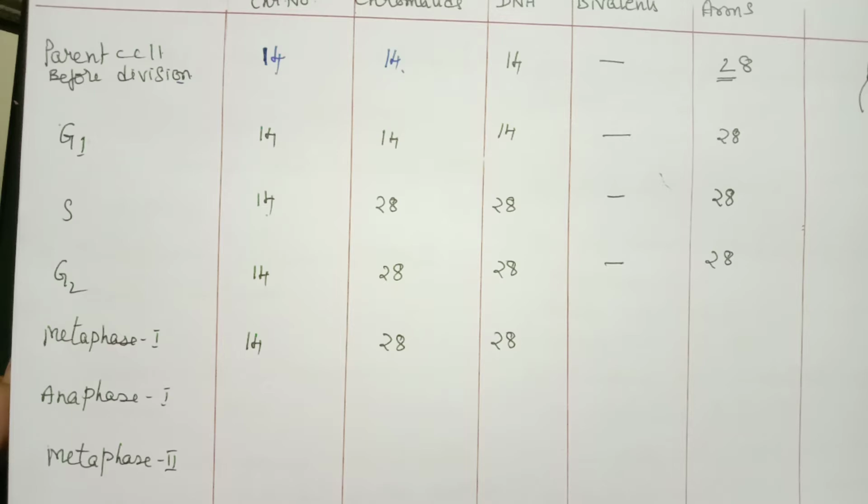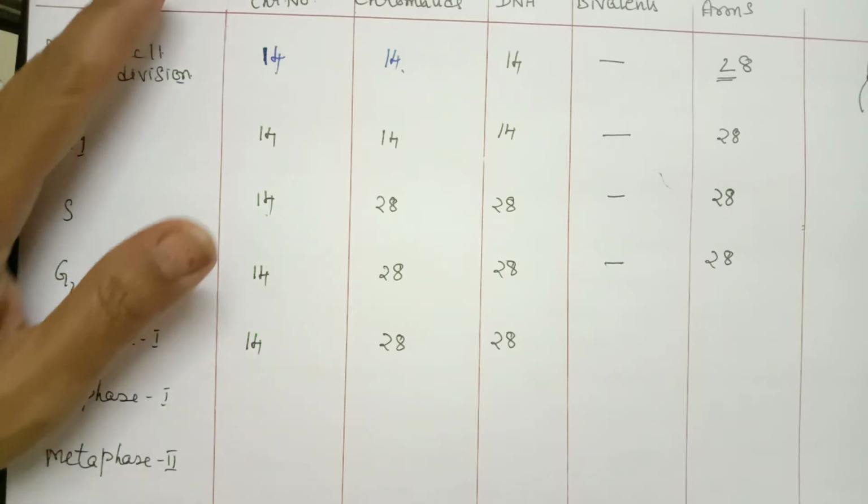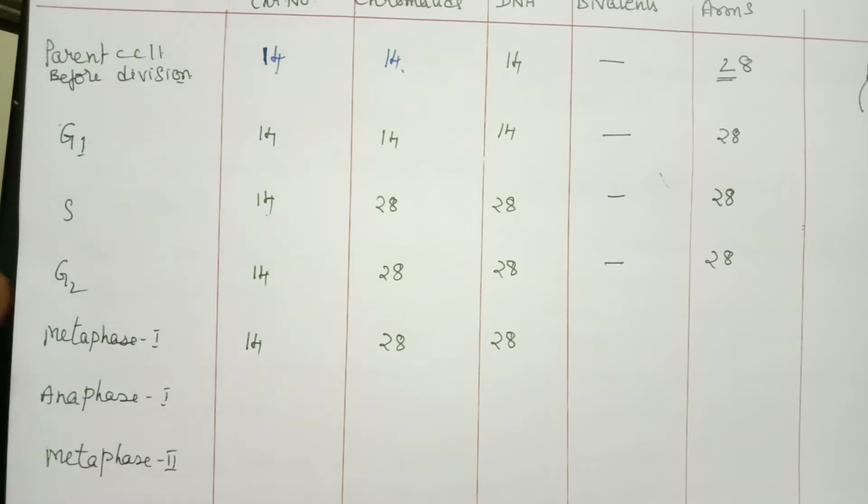Of course, in prophase also bivalents appear. I have not mentioned prophase, so we can take metaphase directly. In metaphase we can identify bivalents. So how many bivalents can you find here? 7 is the haploid number. 14 is the diploid number. So 7 will be haploid. So bivalents here will be 7.